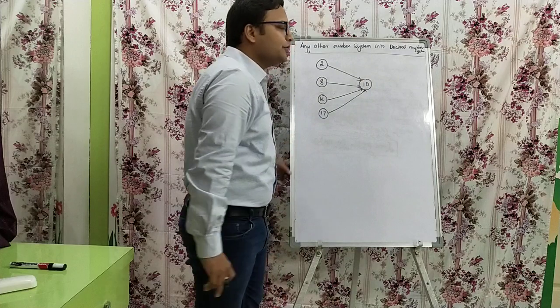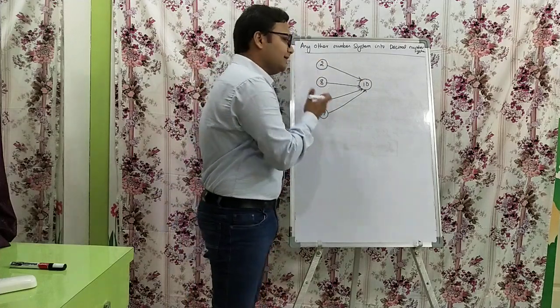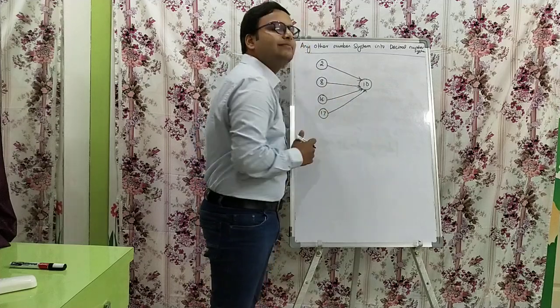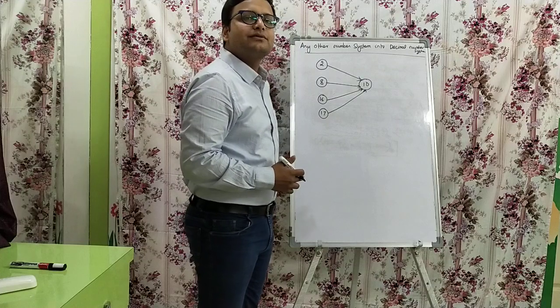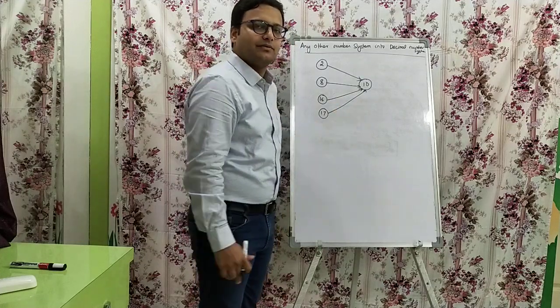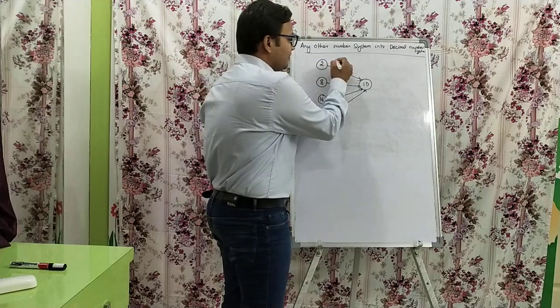I am going to discuss how to convert any of the number systems into the decimal number system, the procedure, and a few discussions about binary to decimal conversion in this session. So what is the formula?